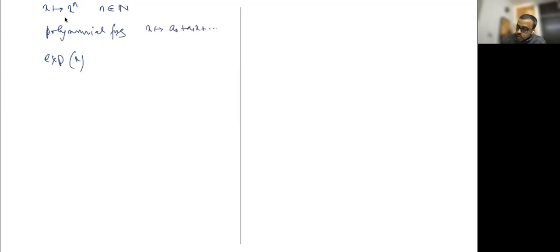Okay, now earlier I think I had mentioned that all these examples of functions that we had looked at, let's say x going to x to the power n, where n is a natural number, and then exponential x, and then polynomial functions, which means a finite combination of such things, x to the power some non-negative integer, and then exponential x and sin x and cos x, these functions.